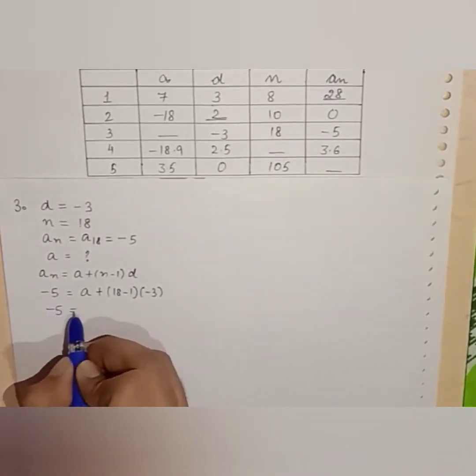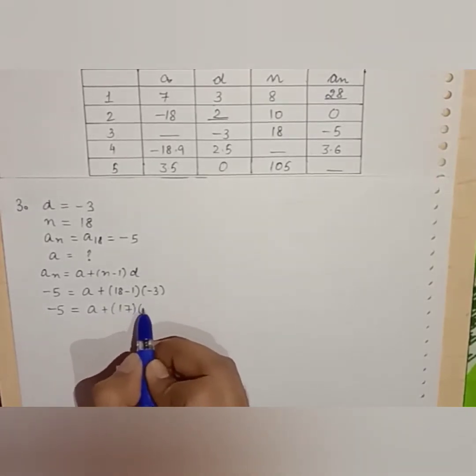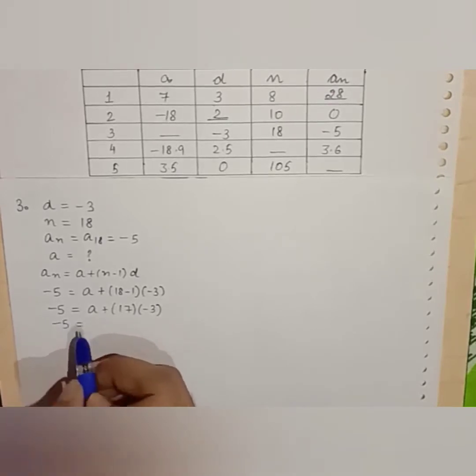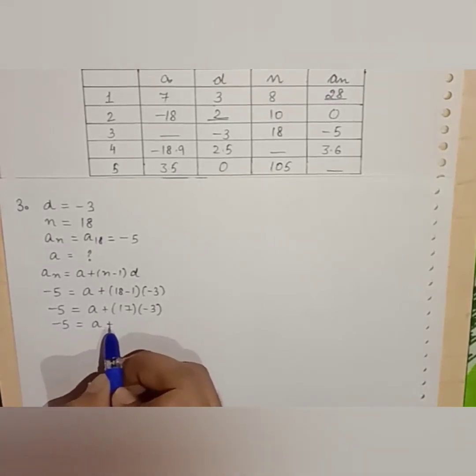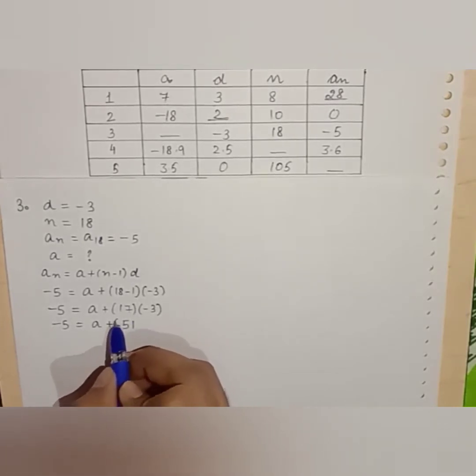Minus 5 is equal to a plus 17 into minus 3, a plus minus 51.